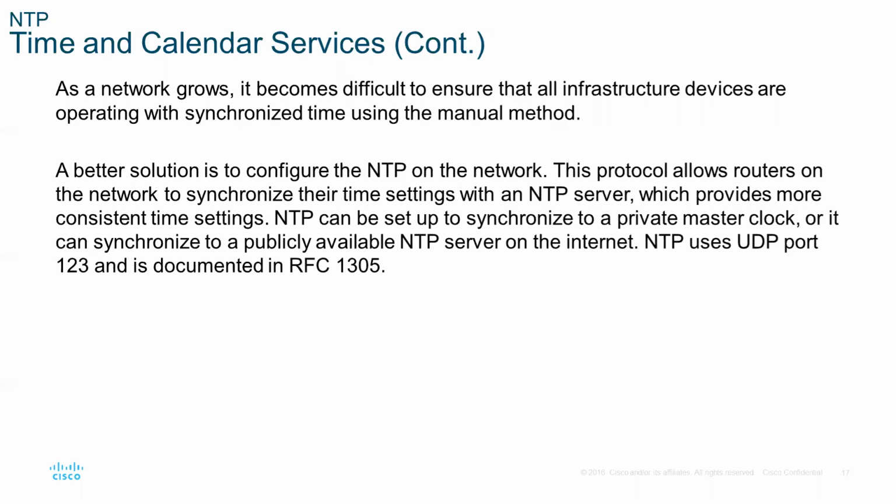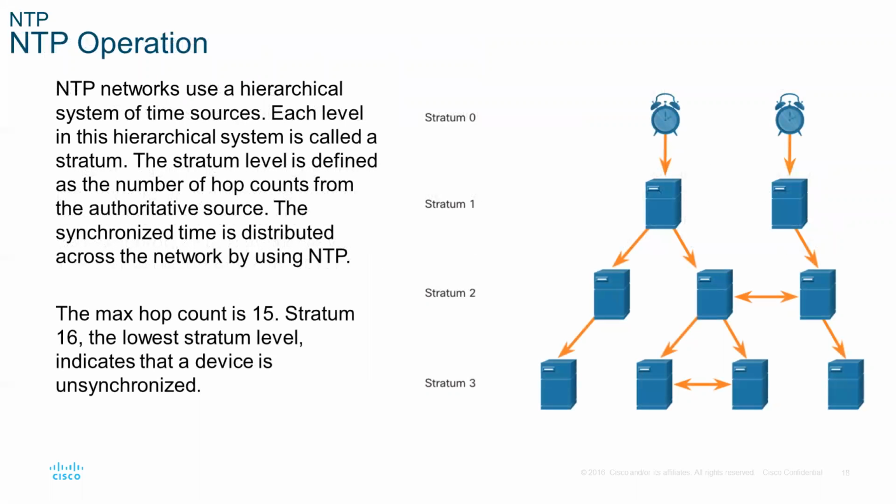But basically the way it works is we need to synchronize against a server or a master clock, and then as we step away from the master clock, additional time is added based on the transit times between the clock and the adjoining devices. These steps are known as stratum levels. As you go one step away from the stratum, you add one to it.